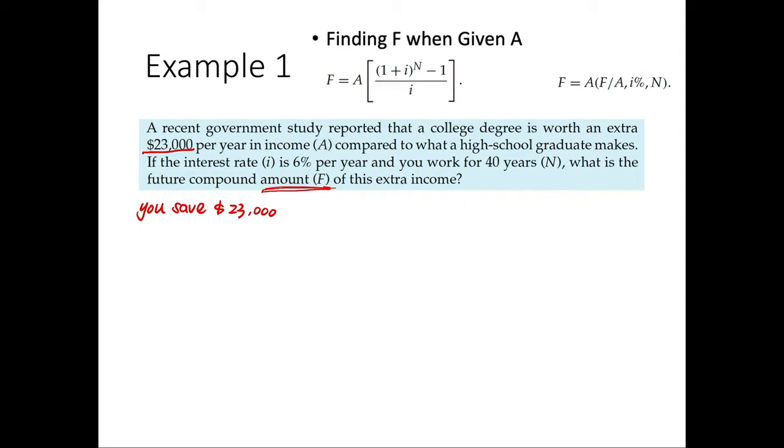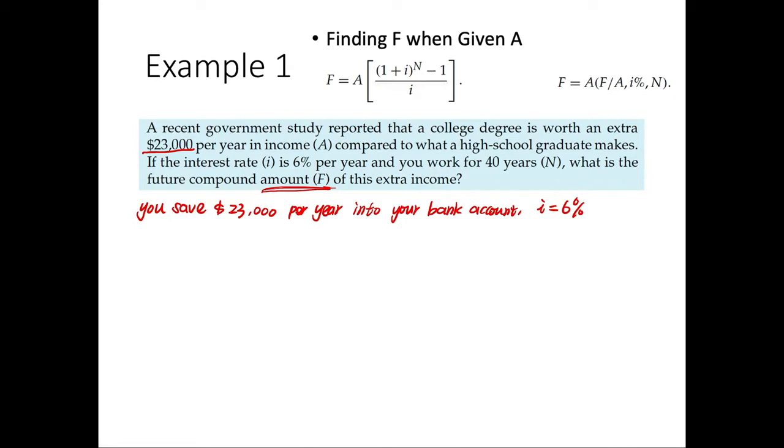You can save 23,000 more every year into your bank account. And that account gives you an interest rate I equals 6%. So you can think of this problem as this: you save the same amount of money every year into your bank account at an interest rate, and you want to know after 40 years how much you can get from that account.